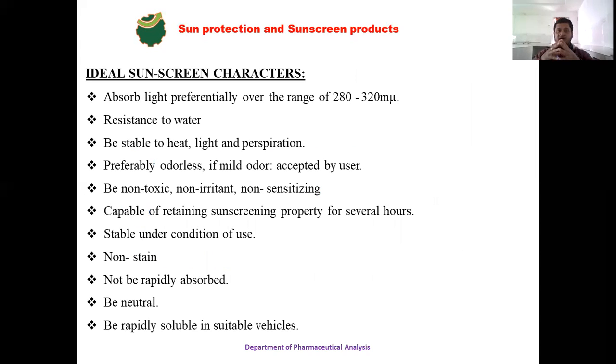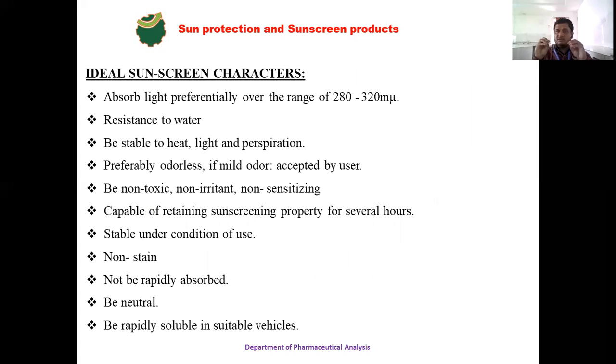Now, what are the ideal characteristics of a sunscreen substance, sunscreen ingredients, or sunscreen product? Okay, already I said the product or the formulation can be any type, like gel type or cream type, or spray type or lotion type.